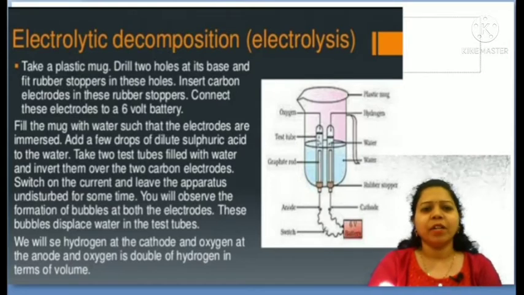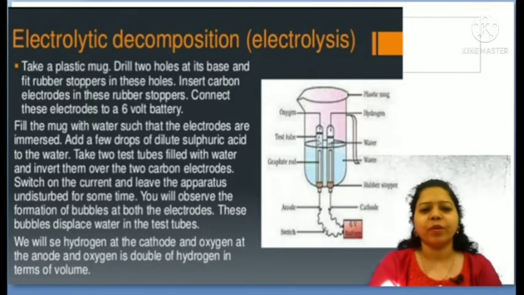Take a plastic mug, drill 2 holes at its base and fit rubber stoppers in these holes. Insert carbon electrodes in these rubber stoppers. Connect these electrodes to a 6-volt battery. Fill the mug with water such that the electrodes are immersed. Add a few drops of dilute sulfuric acid to the water.